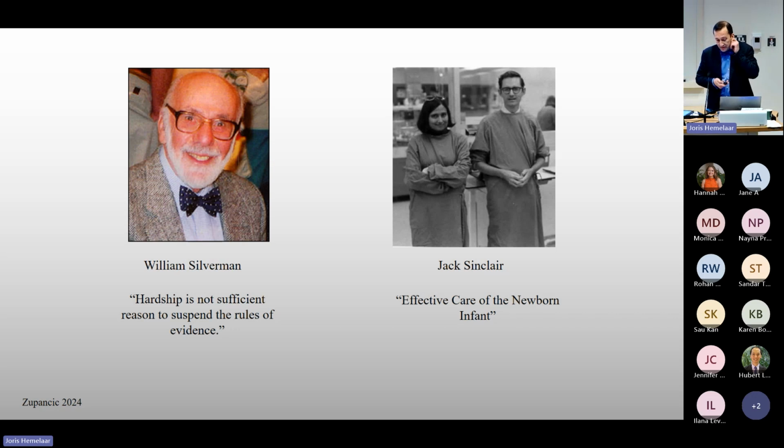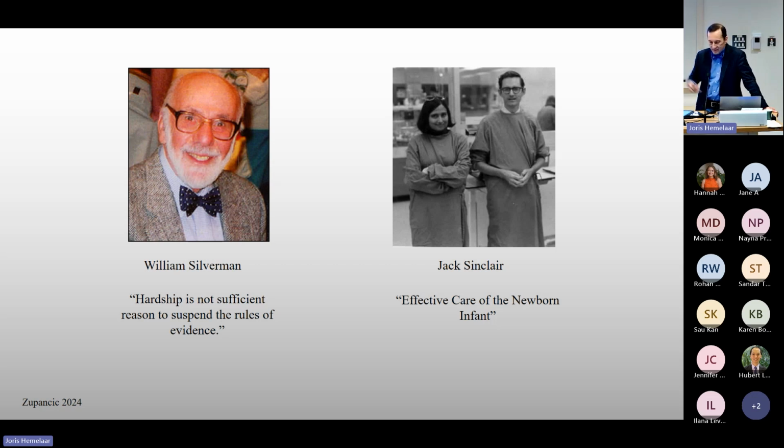The person on the left here is Bill Silverman, who famously wrote about the therapeutic byways and misapplications of poor evidence that resulted around retinopathy of prematurity, or specifically around oxygen use in preterm infants that caused very bad retinopathy of prematurity. And he cautioned us in neonatology to really think from the earliest point of a technology to use more low bias approaches, and said that, yeah, trials are hard, but hardship is not sufficient reason to suspend the rules of evidence.